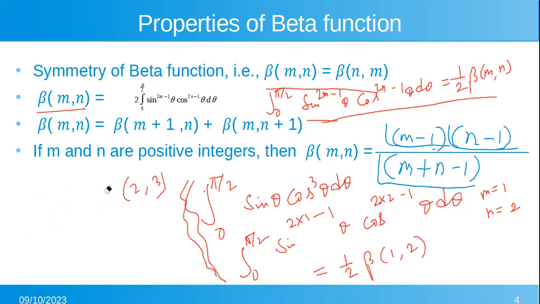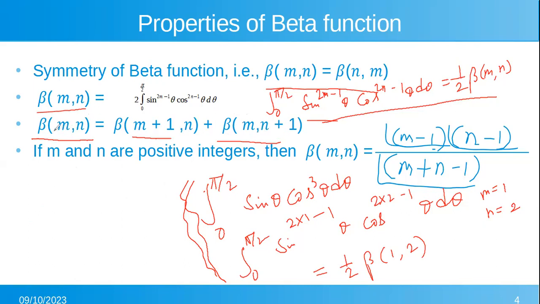See the third property. A beta function can be expressed as the sum of two beta functions, where in the first part the first parameter m is increased by 1 from the original beta function, and in the second beta function the second parameter n is increased by 1.